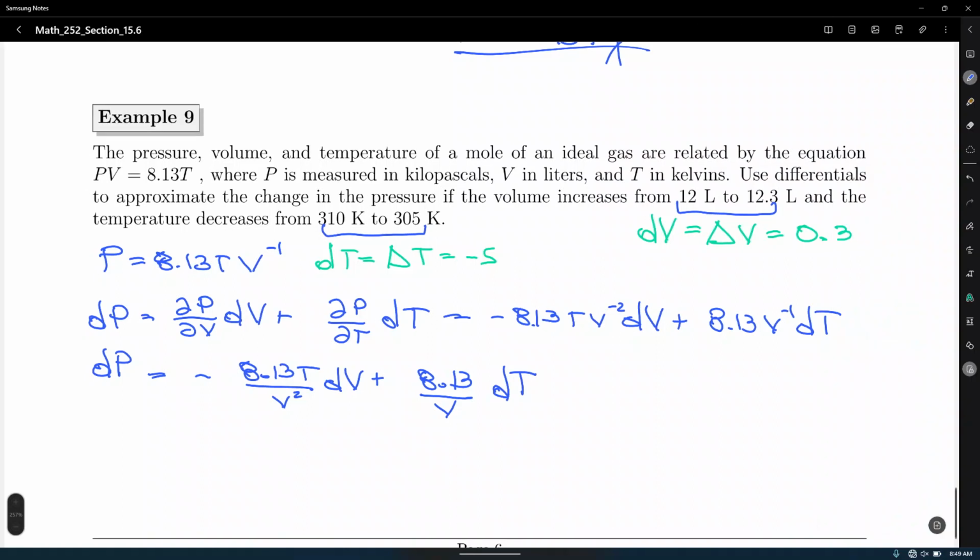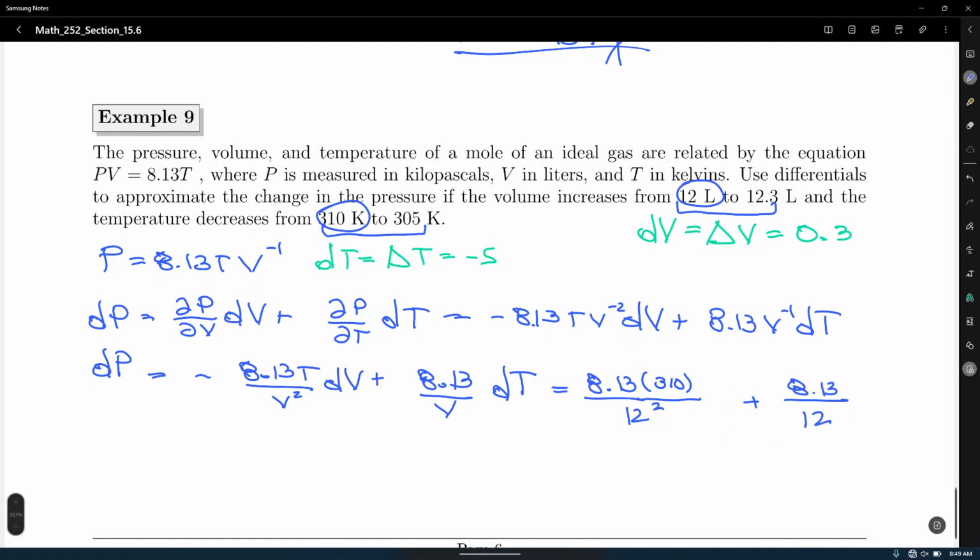All right, let's substitute the values. That is 8.13 over V squared. So the initial volume, which is 12, and the temperature, which is 310, over the volume, which is 12 squared, plus 8.13 over the volume, that's another 12, times, oh, I forgot the differentials, right?